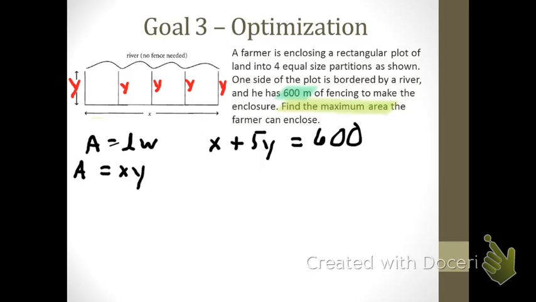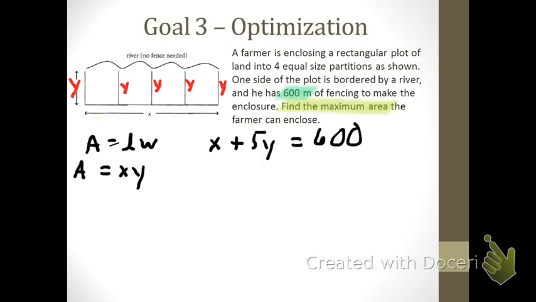Now remember, we were trying to maximize the area, but our problem was that we had the area in terms of 2 different variables, x and y. What we can do is use this equation that relates x and y with one another in order to write one of those variables in terms of the other.